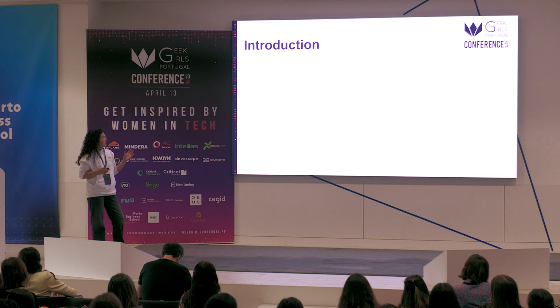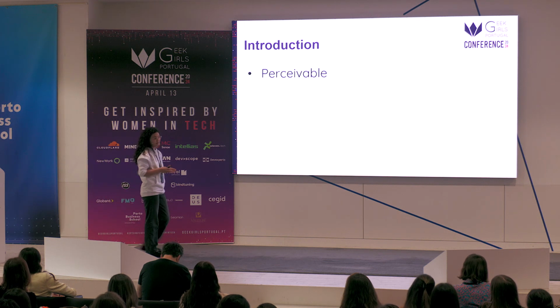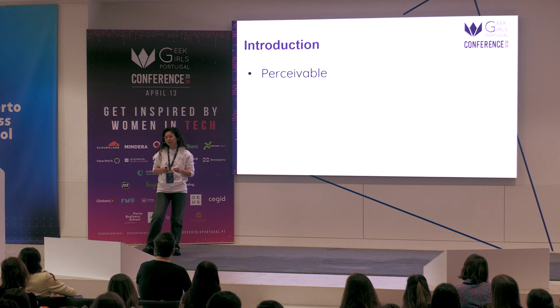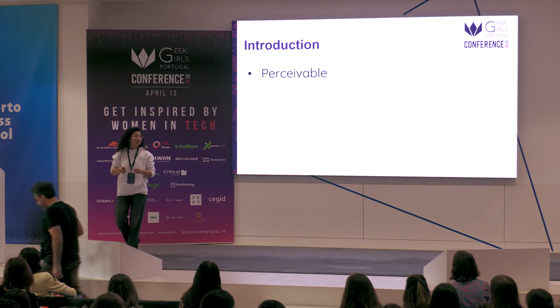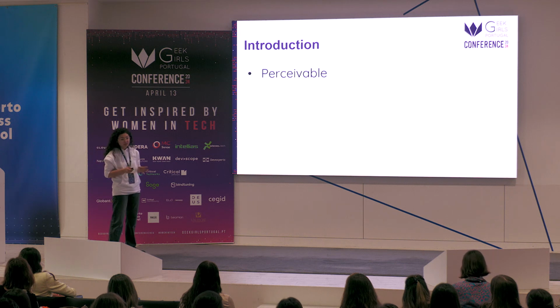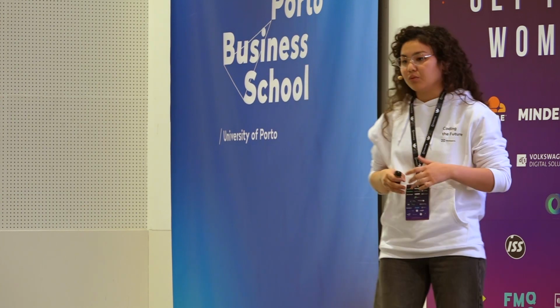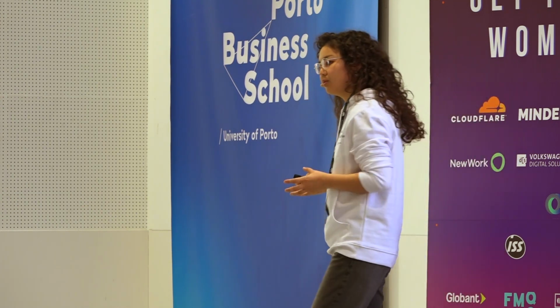These standards rely on 4 major principles. Perceivable, so your product should be visible regardless of the viewport size and the zoom percentage. It should be operable, so it should work with a mouse and all kinds of keyboards, screen readers, and other tools.